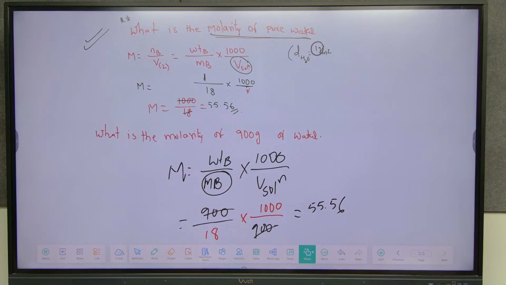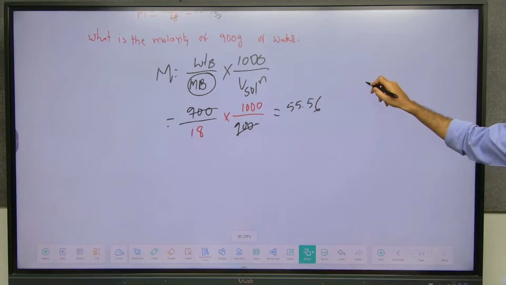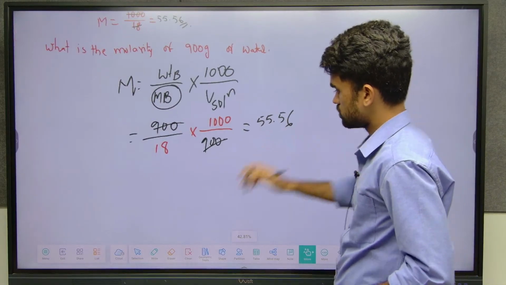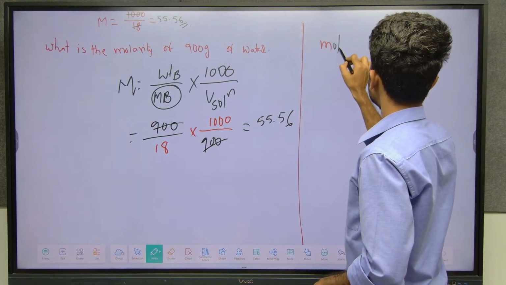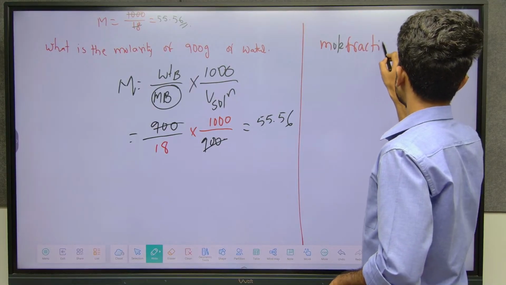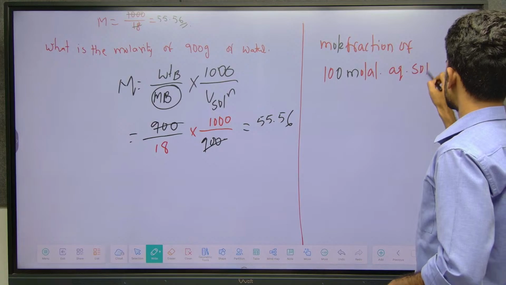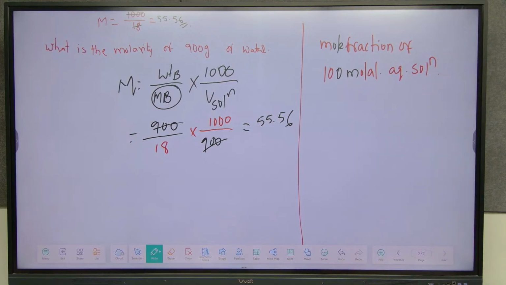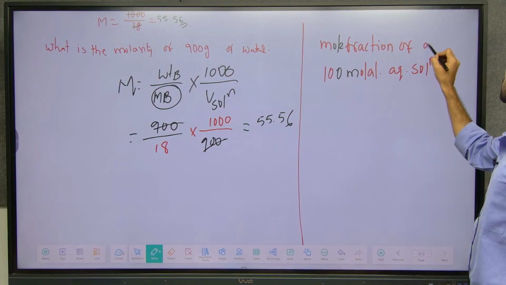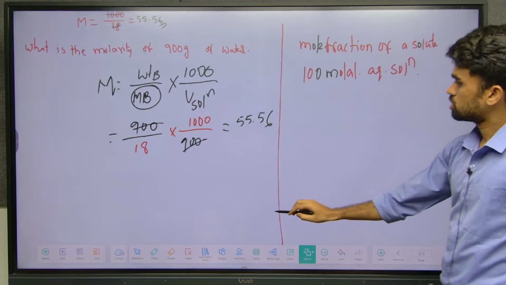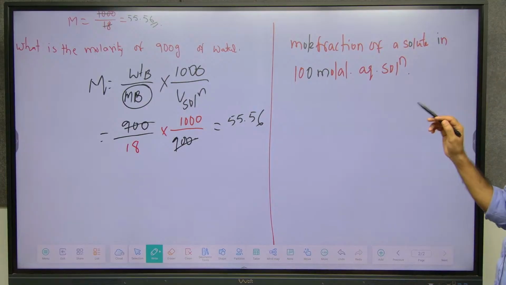Next. Right, one more question. Mole fraction of a solute in a solution.